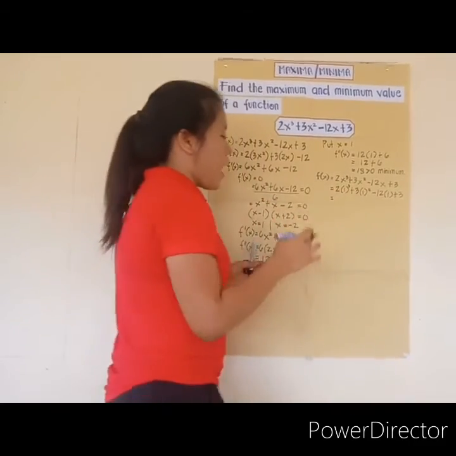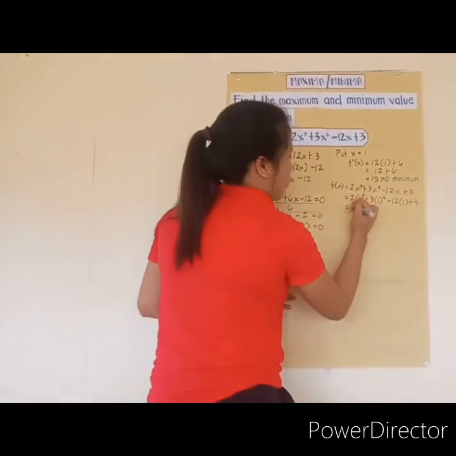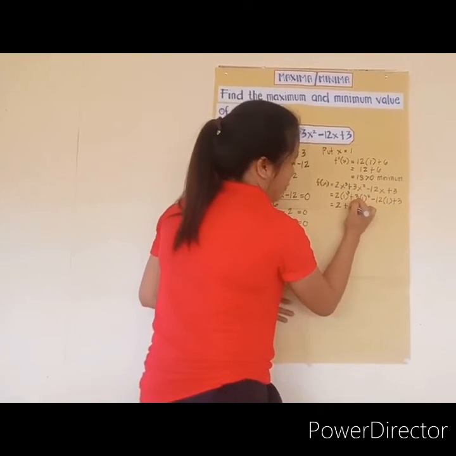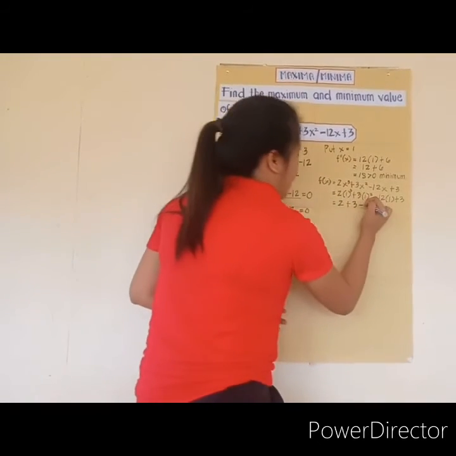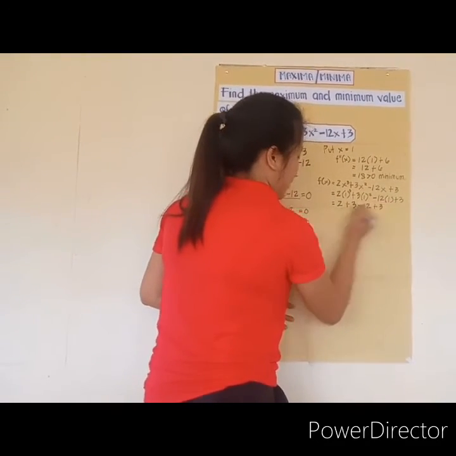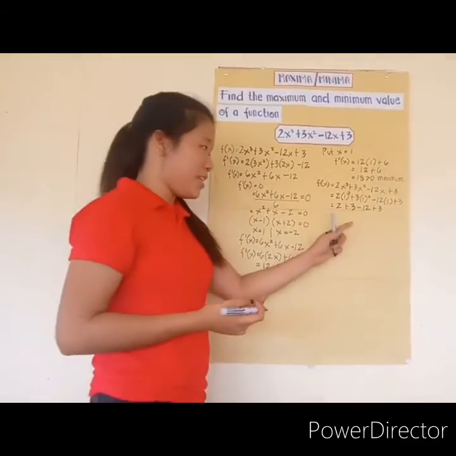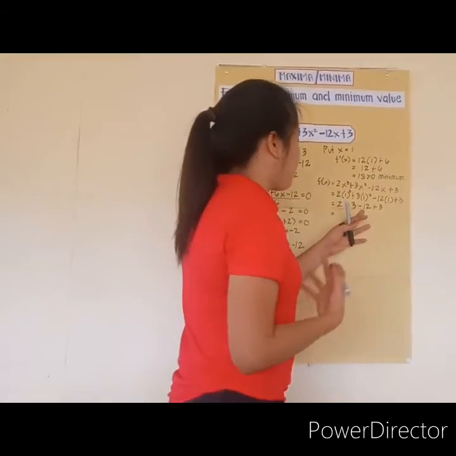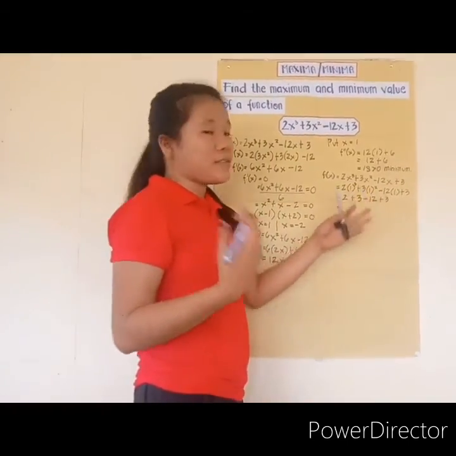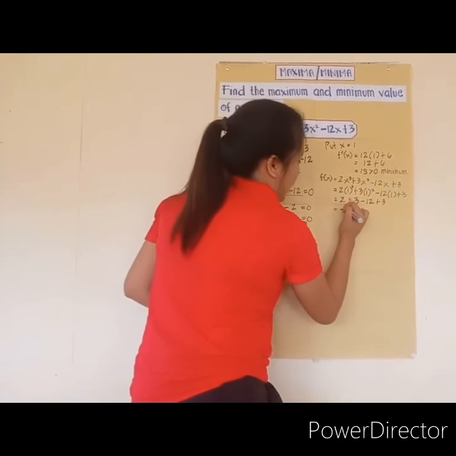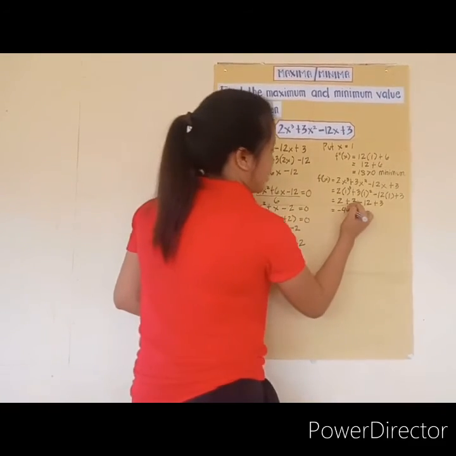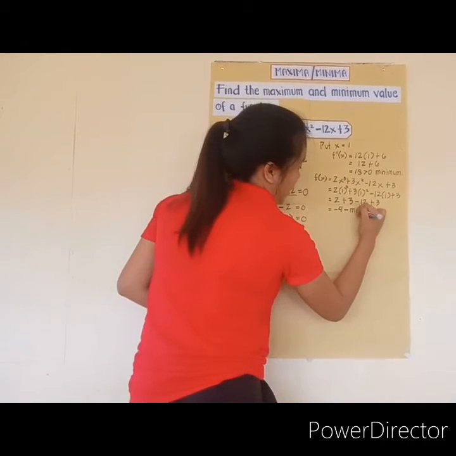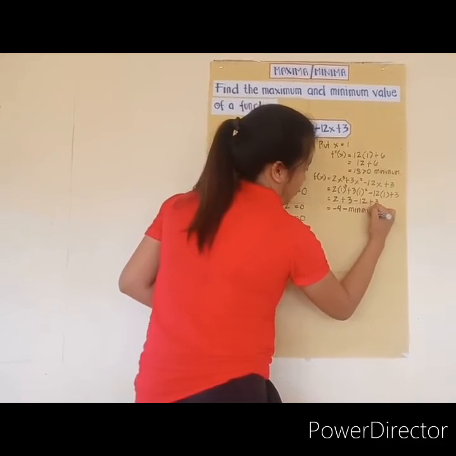Then 1 cubed is equal to 1, times 2 will become 2. Plus 1 squared is equal to 1, times 3 will become 3. Minus 12 times 1 will become 12. Plus 3. Then 2 plus 3 is equal to 5. Minus 12 is equal to negative 7. Negative 7 plus 3 is equal to negative 4. So this is the minimum value.